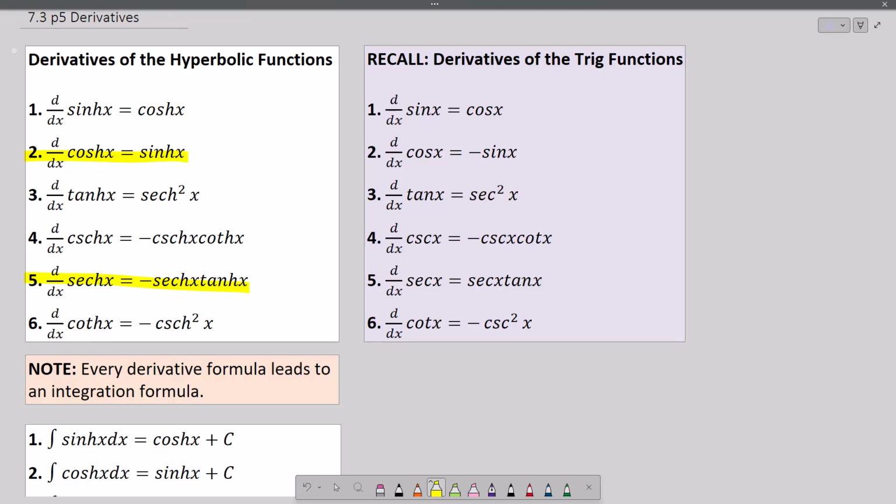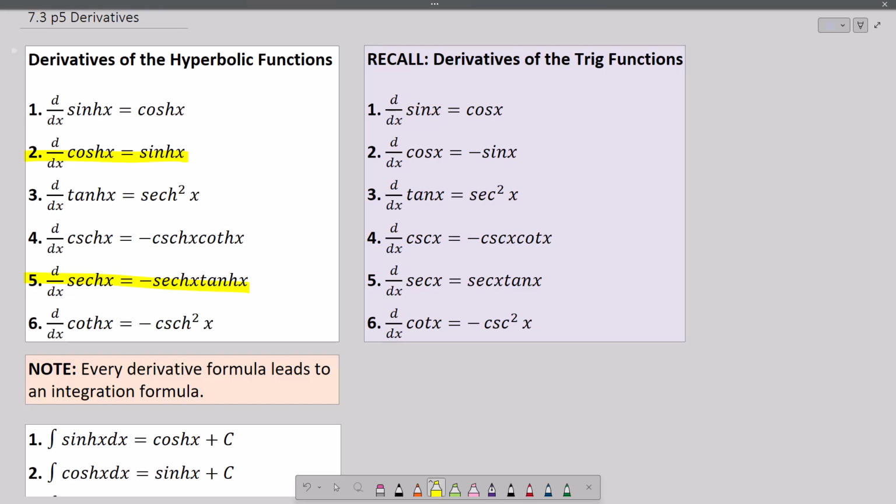So you don't have to remember a minus sign there, like you did when differentiating cosine, where you get a minus sine. Okay. So the one big difference, again, is the derivative of cosh has no minus, like we have there. But that leads to, okay, if that's minus, then this is positive. If this is not minus, then that's minus.